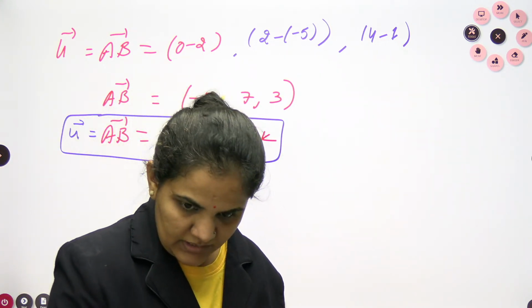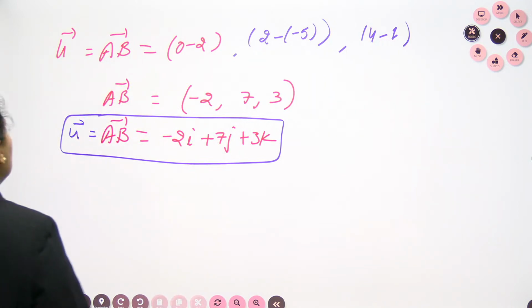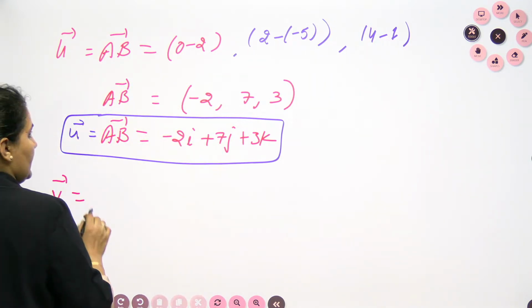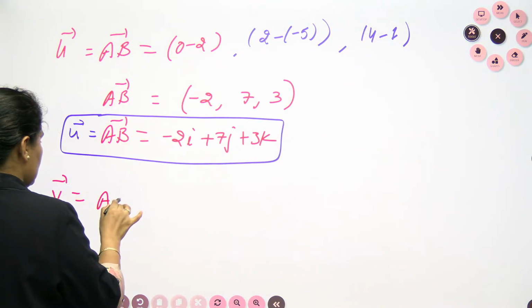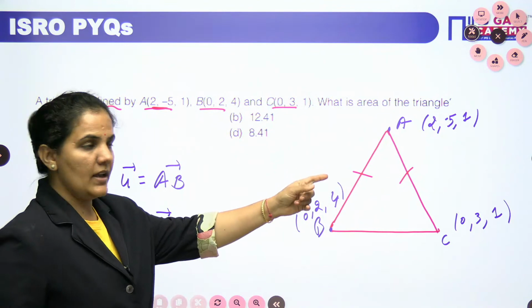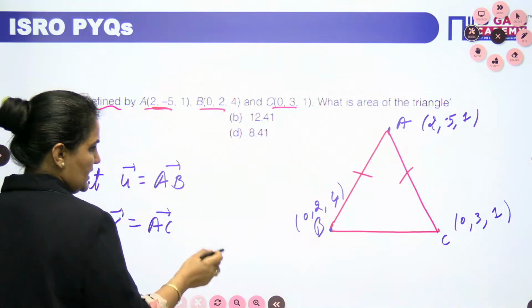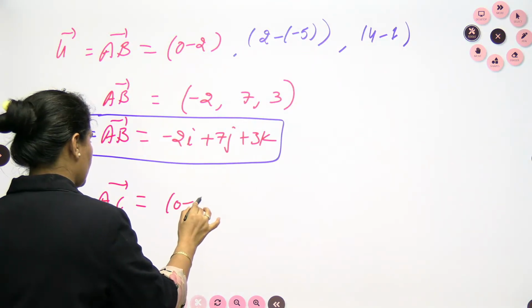Similarly, we can find the V vector also. Let's check it out. Is it B or not? B is 12.41. Yes, well done. Similarly, I can go for the V vector, which I am taking as AC. The coordinates of A are 2, -5, 1 and the coordinates of C are 0, 3, 1. So it will again be x2 minus x1: 0 minus 2.